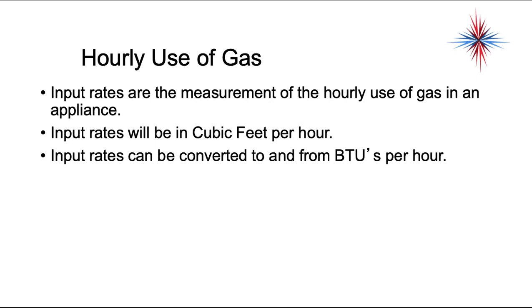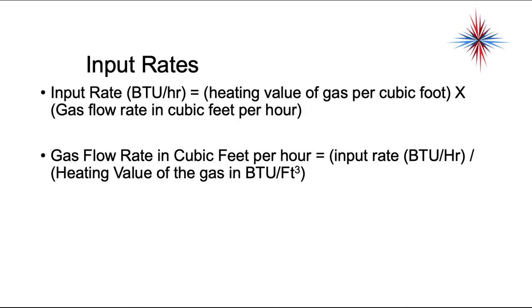Hourly uses of gas. Input rates are the measurement of the hourly use of gas in an appliance. Input rates will be in cubic feet per hour. Input rates can be converted to and from BTUs per hour. To find the input rate, we take the heating value of gas per cubic foot times the gas flow rate in cubic feet per hour.